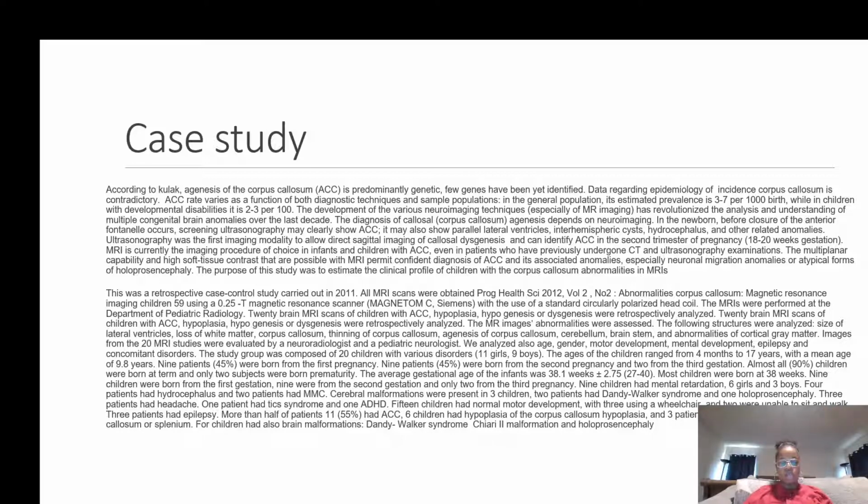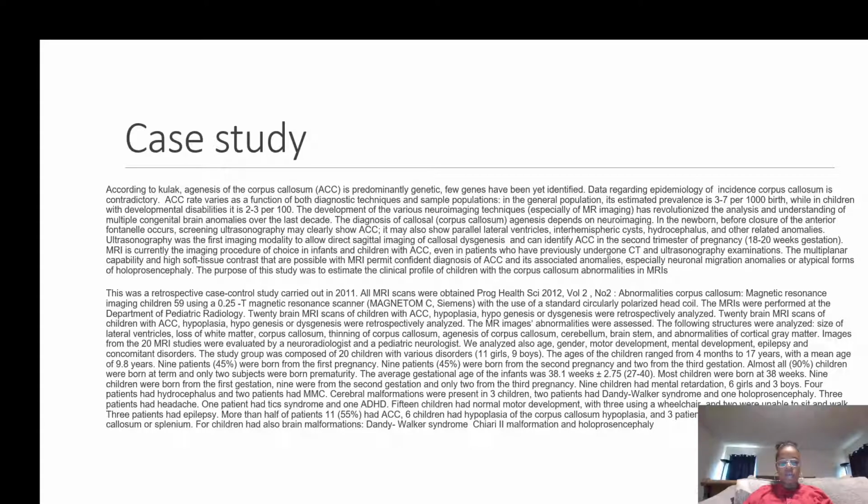Age range was from 4 months to 17 years old. They analyzed size of ventricles, loss of white matter, the corpus callosum, the gray matter. More than half of the patients, which was 11, had ACC, 6 had hypoplasia, 3 patients had an absence of genu or splenium.